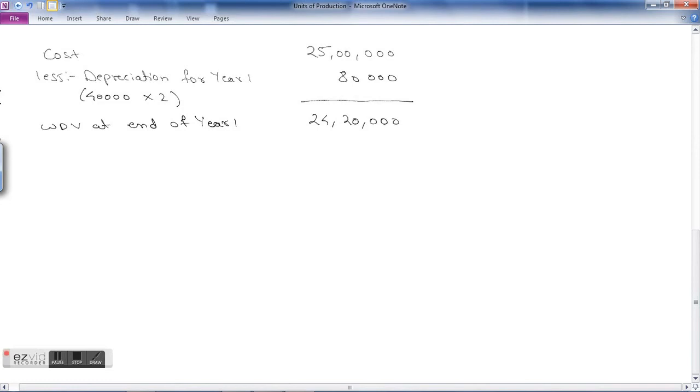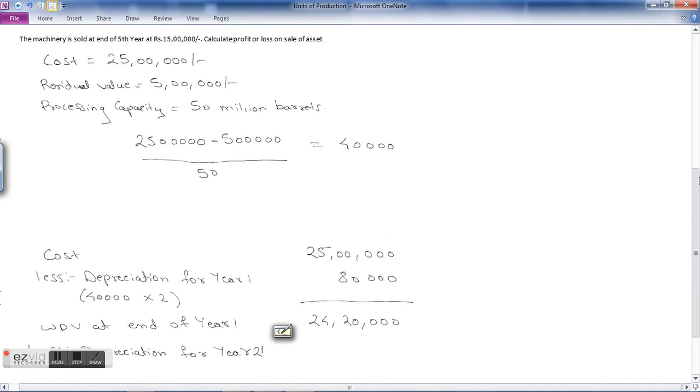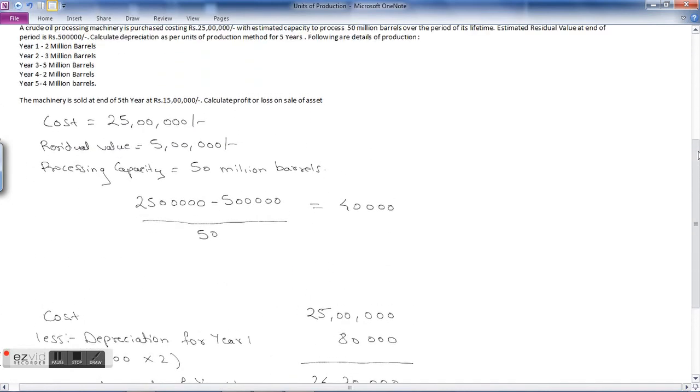Okay, less depreciation for year 2. So what is the production in the year 2? Production in the year 2 is 3 million barrels. So for 1 million barrel the depreciation comes to 40,000.